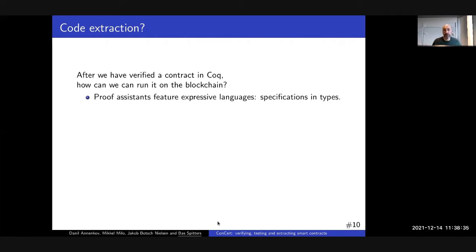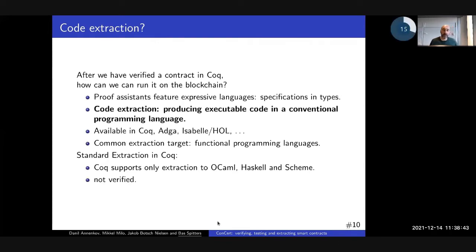So proof assistants have very expressive languages, and you can use dependent types to write the specification in types. Then we can use code extraction to produce executable code in a conventional programming language. And this is available in Coq, in Agda, in Isabelle/HOL. And typically what you do is you extract to a functional programming language.